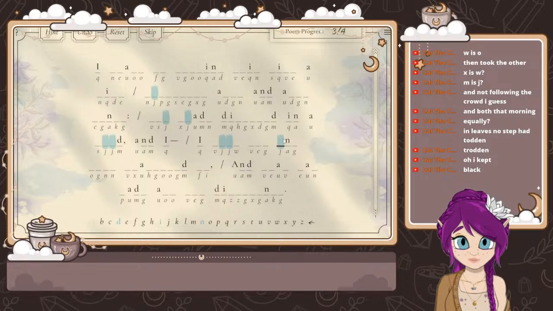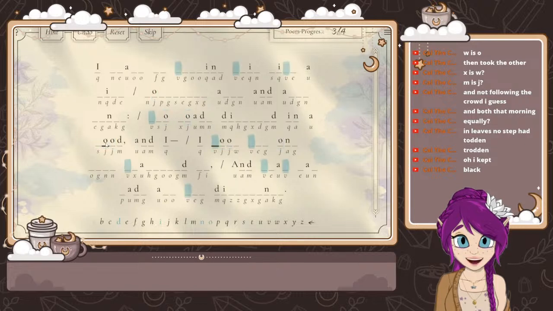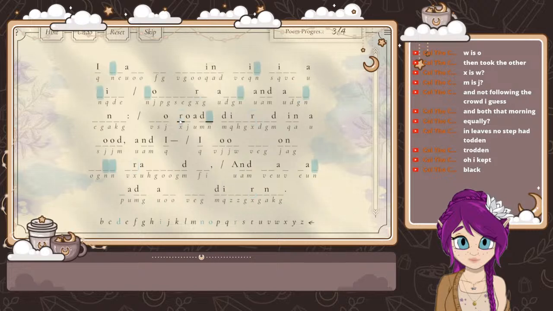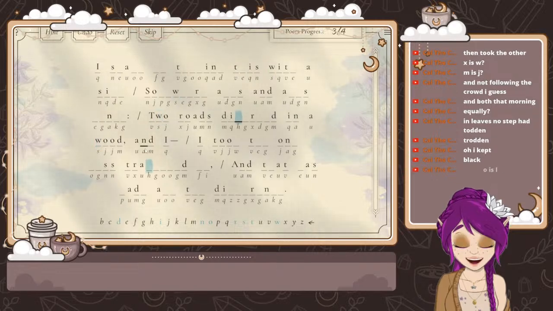O-L-E in a wood? Oh, it makes sense. Roads? 2 roads? Two roads in a wood.